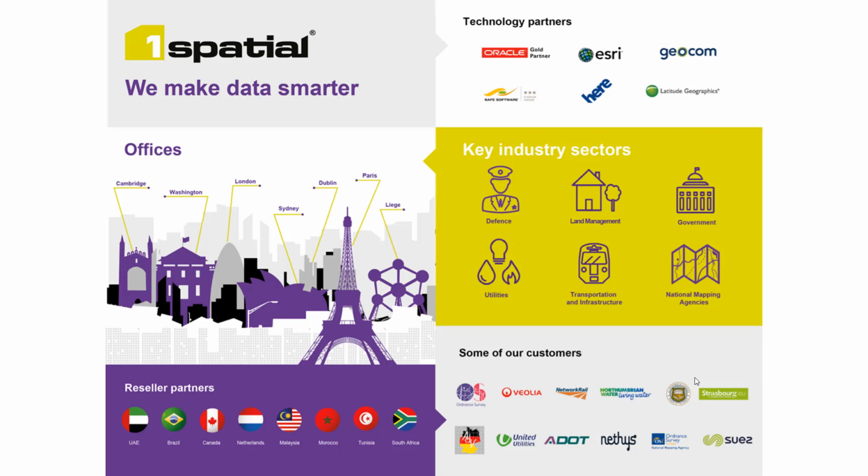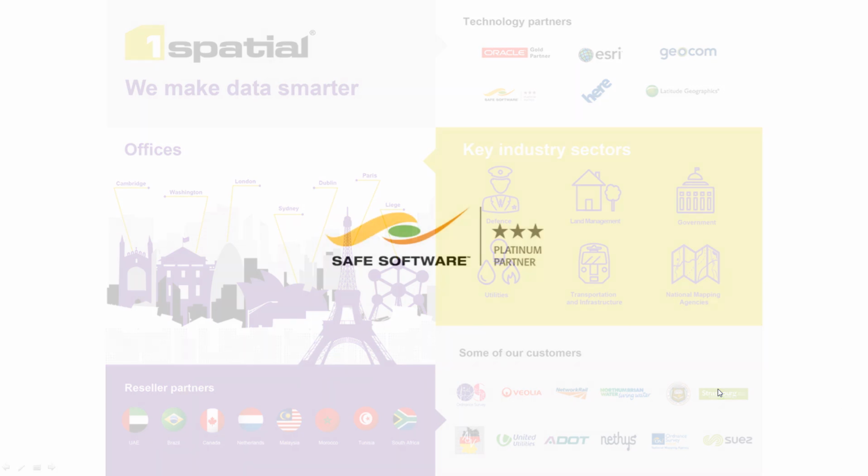A couple of Canadian firms that we resell software for and provide dedicated services are Latitude Geographics with their GeoCortex product, and Safe Software and FME. And it's this technology set that I'm going to be spending the next little bit of time on looking at.